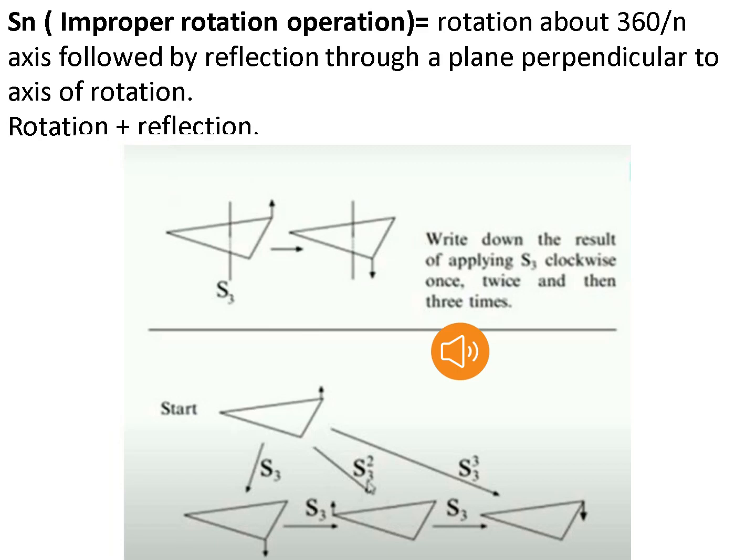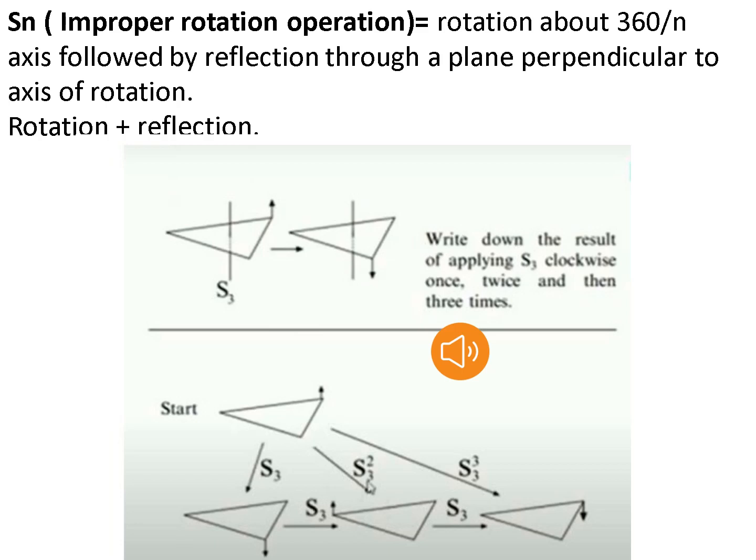Here we took the example of a triangular molecule. If we apply the C3 rotation, C3 means 360 divided by 3, which is equal to 120 degrees. If we rotate the molecule by 120 degrees, it would look like this. Then, since improper rotation is first rotation and then reflection, the arrow will go downward after applying the S3 operation.